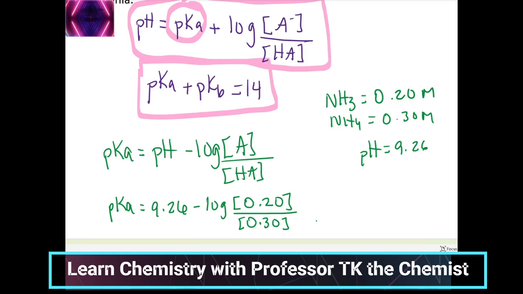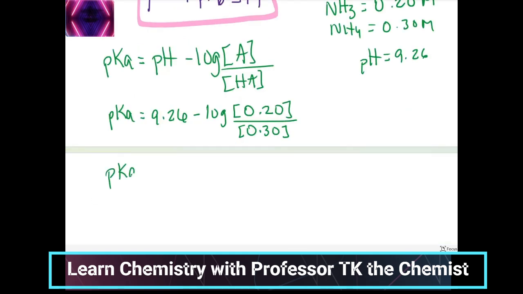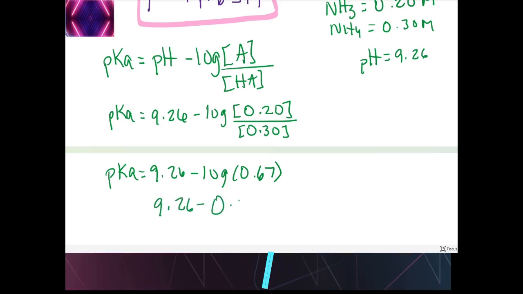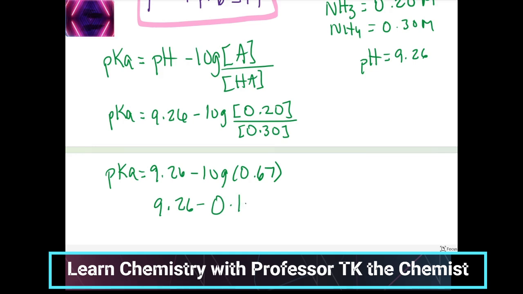You get 0.66666, basically 0.67. So your pKa is equal to 9.26 minus the log of 0.67. Now, you know we have to take the log of that, right? Which gives us 0.18. So 9.26 minus 0.18. And actually, add those two together. You know why?